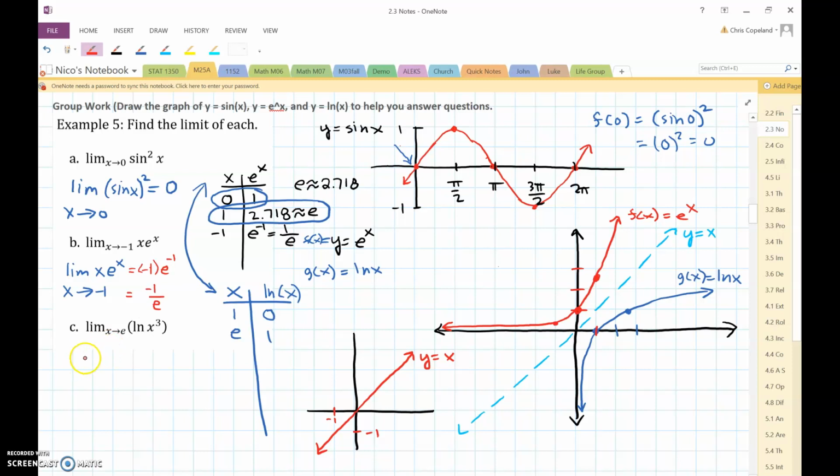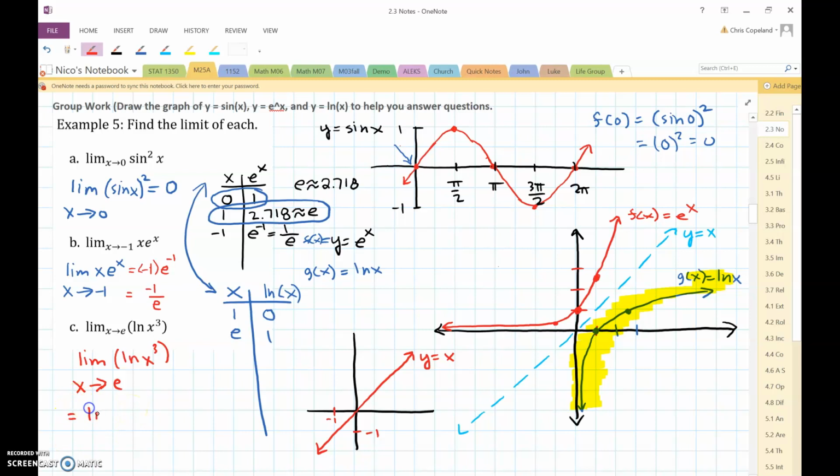And then finally part C, I've got the limit of the natural log of x cubed as x approaches e. So again, now I'm looking at this function here. First of all, let's try direct substitution.